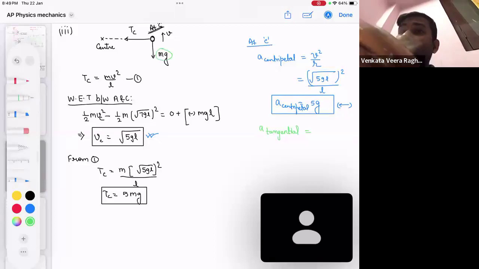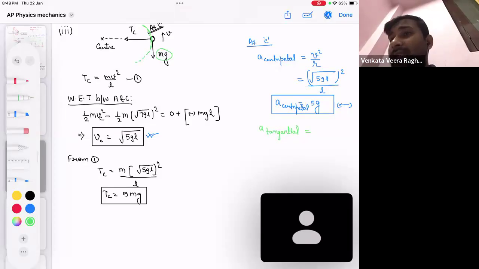That is along the tangent to the path at this point. So tension is towards the center, and mg is along the tangent. The tangential acceleration is tangential force by mass, so the tangential acceleration is g, in the downward direction.